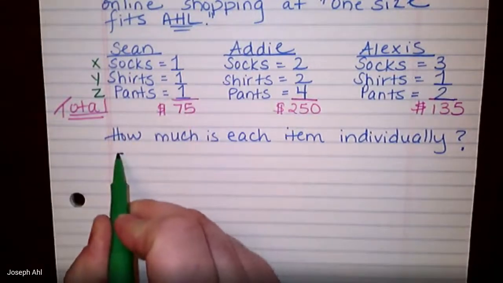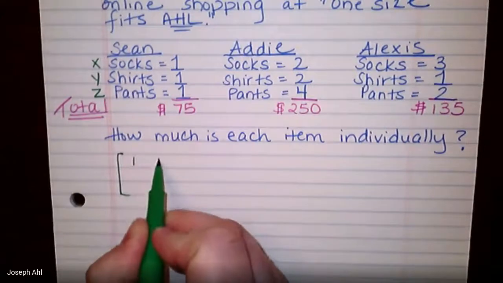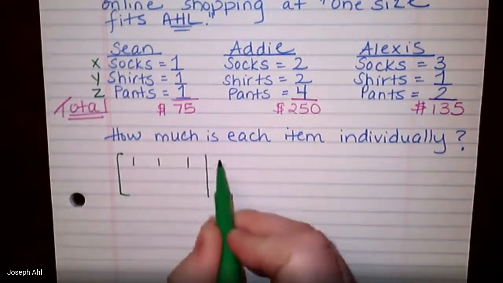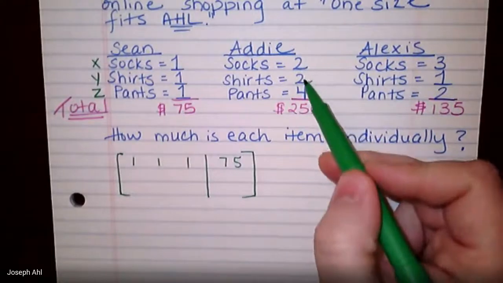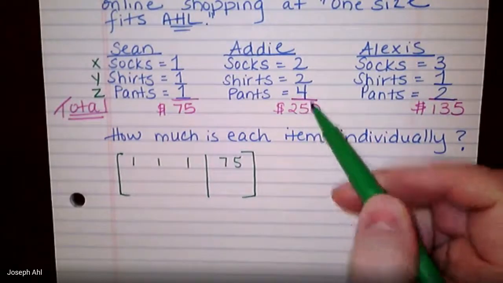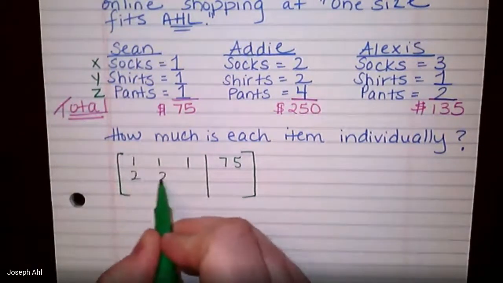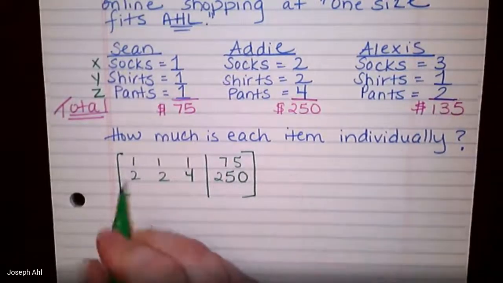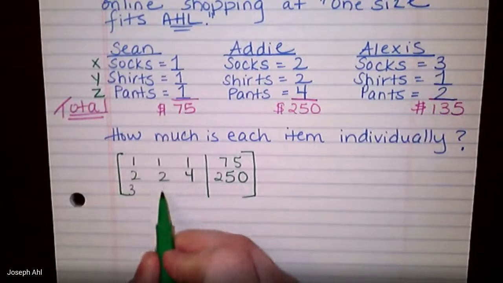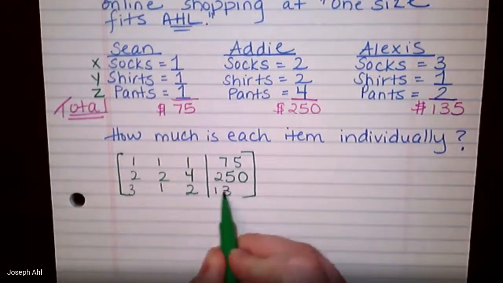So the first row of the matrix would say 1, 1, 1, 75. And similarly, 2x plus 2y plus 4z equals 250 gives us 2, 2, 4, 250. And the last for Alexis is 3, 1, 2, 135.